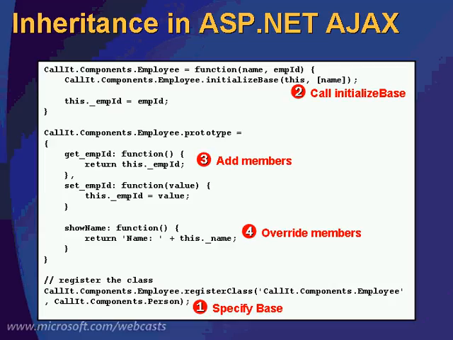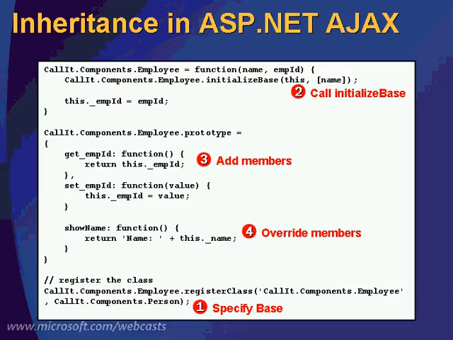And by simply calling initializeBase, you can pass back to your base class's constructor function any of the arguments that are required. And down at the bottom, we simply specify the base in our registerClass. So it's relatively simple. We don't really have time to get into how you can accomplish inheritance inside of JavaScript.